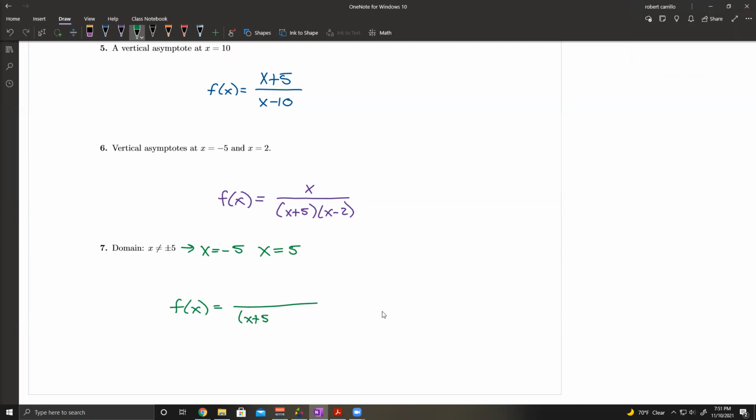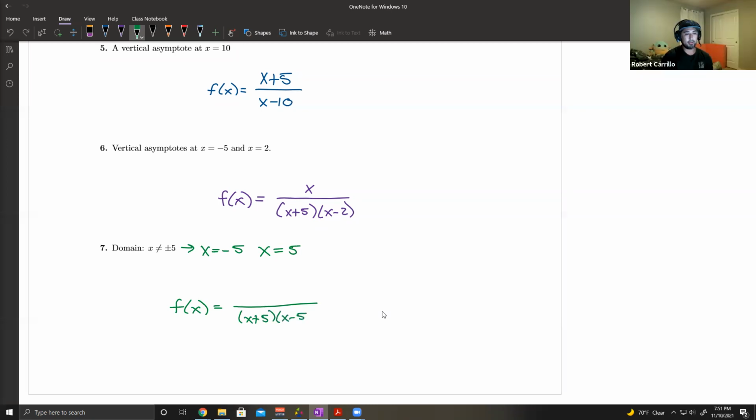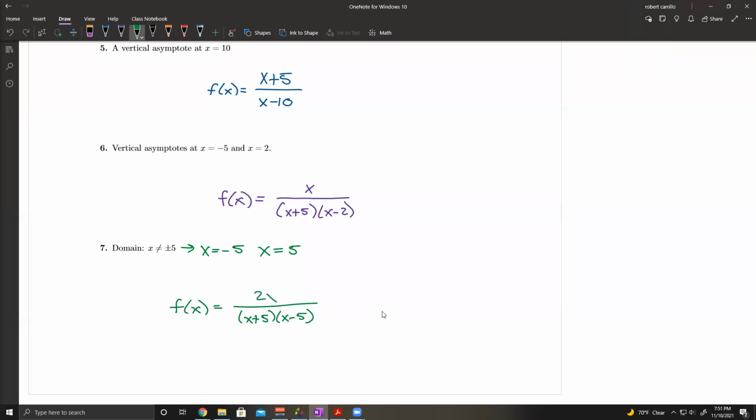Good. And what do you want to put in the numerator? 2x plus 1. Great. There you go. So we were just constructing a rational function whose denominator would represent those vertical asymptotes.